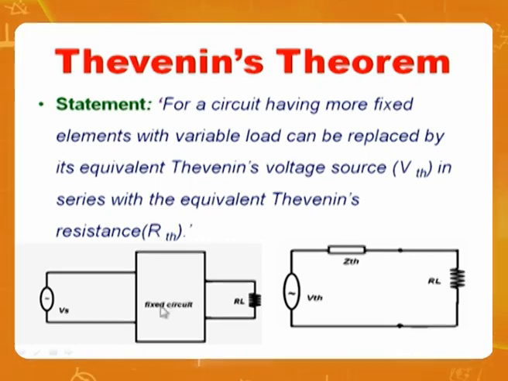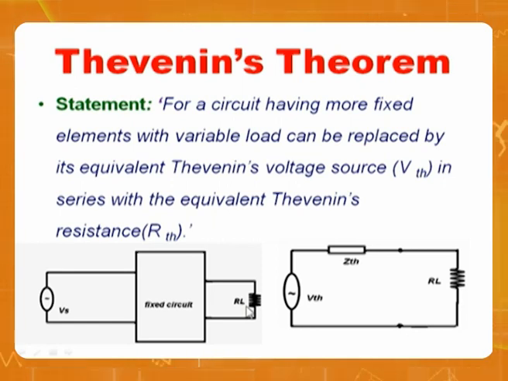So when you have a fixed circuit like this, we can represent that as Thevenin's voltage and Thevenin's resistance, so voltage and impedance in series. This of course is the load. As you understand from the statement, the circuit must be fixed, then only the load is variable. Therefore, when the circuit is fixed, you can apply this theorem.